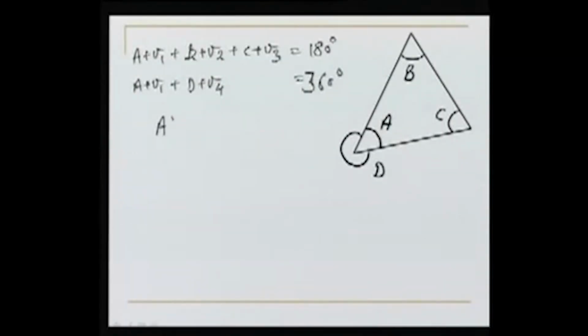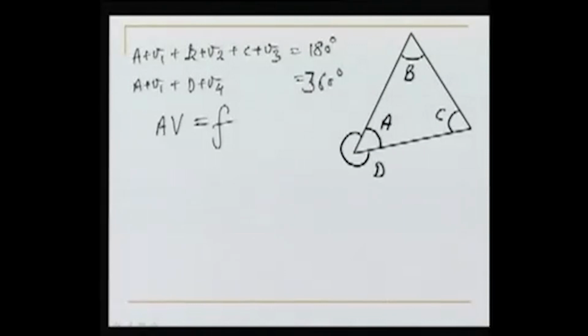Now, as we know, finally we have to reduce it to this form, AV is equal to F. To reduce it to this form, all the constant terms are to be taken to the right hand side. Alright, so we do the same thing.